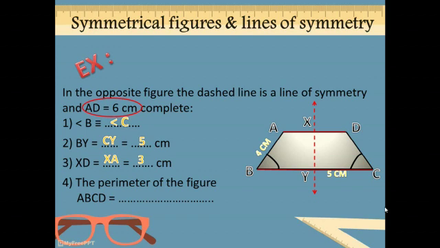Number 4. The perimeter of the figure ABCD. We know before that the perimeter of any geometrical figure is the sum of its side lengths.